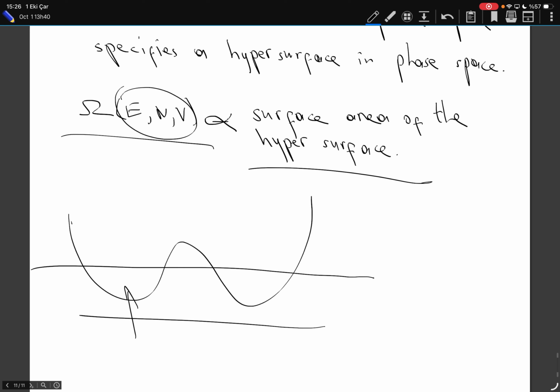This is called the ergodic hypothesis. There are cases where this hypothesis, or the ergodic assumption, does not work. But in most cases, in all the cases we will be dealing with in this course at least, it will be valid.